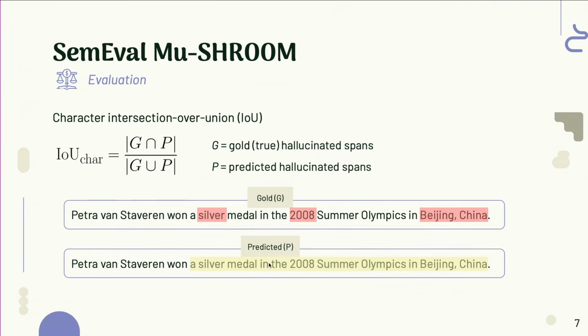So the intersection is 24 characters, and that is divided by the union of these, which is 60 characters, and that gives the IOU of 0.4. Thus, IOU measures how well the predicted hallucination regions align with the ground truth ones, penalizing both the missed detections and false alarms.